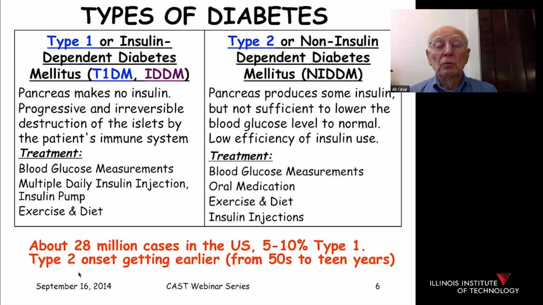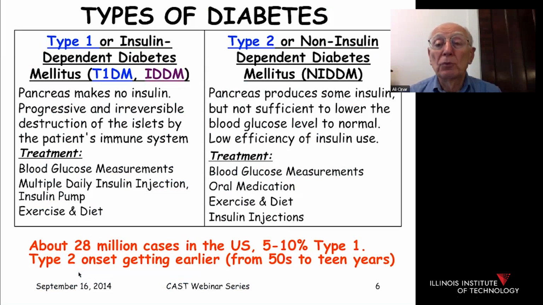So to recap, type 1 is the insulin-dependent one, where the body does not make any insulin, and every day, multiple times, the patient has to administer insulin either through injections or more continuously through an insulin pump.